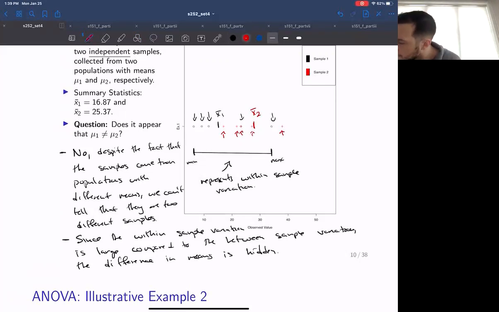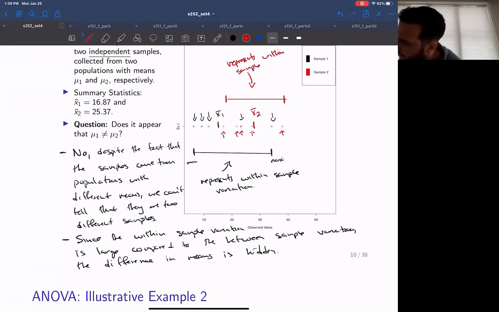And then if we look at the red points, it's a very similar idea. So you can see that we're ranging from about here to here. Okay, so this represents within sample variation.